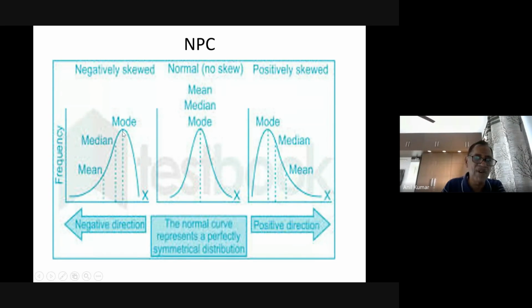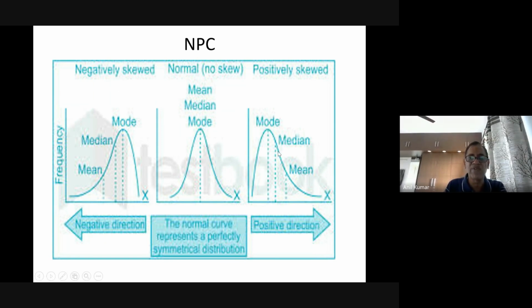When we have negatively skewed, let me repeat it again, mean, median and mode are different. Not only are they different, but from the center, more scores are towards the negative side. Negative direction is flooded with scores. So this is negatively skewed.